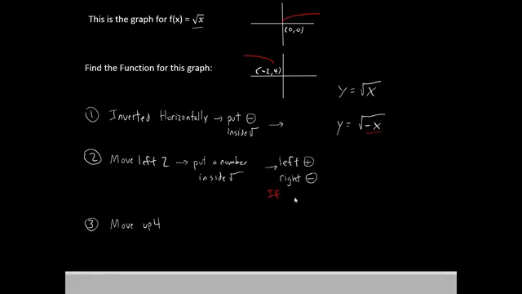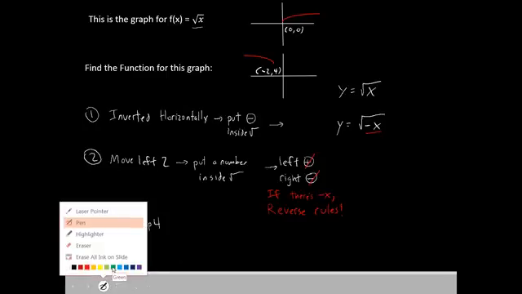I want you to be careful, because if you have a negative x inside of the root, that's going to change your rules. You are going to reverse the rules for this particular step. So left is no longer plus and right's no longer minus. They switch places.